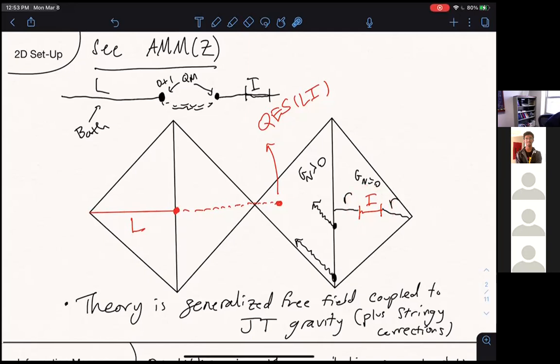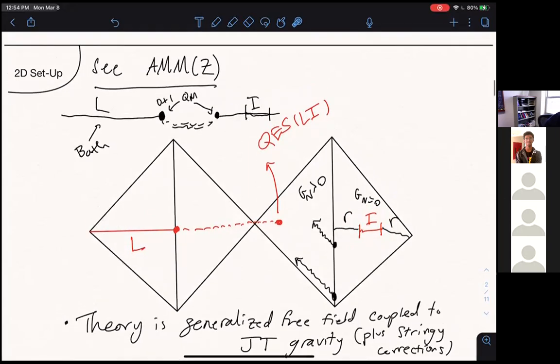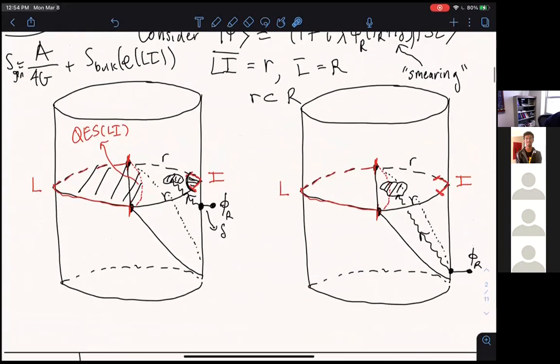Now these two regions together include some reconstructible region in the emergent gravity description. L on its own can reconstruct everything up to the bifurcation surface of the black hole. So it's natural to think that L union I includes more, so its quantum extremal surface goes all the way into the right exterior of the black hole, just as in the previous picture, the quantum extremal surface of LI moved into the right Rindler wedge.